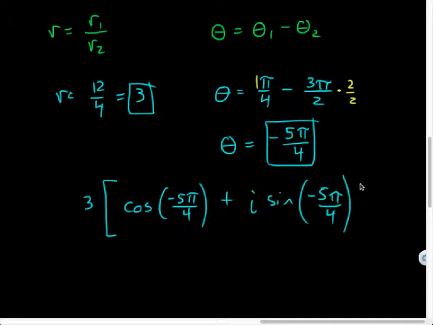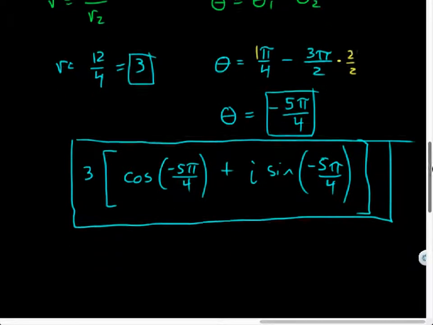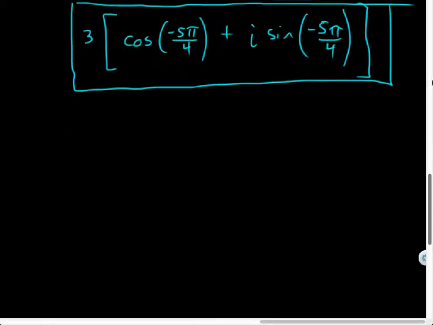And by the way, you could write this in CIS form for your shorthand abbreviation of cosine I sine. So there's polar form of this quotient, and if I want to then change this into a rectangular form, all I'd merely have to do is figure out the values of the sine and cosine and then multiply it out.